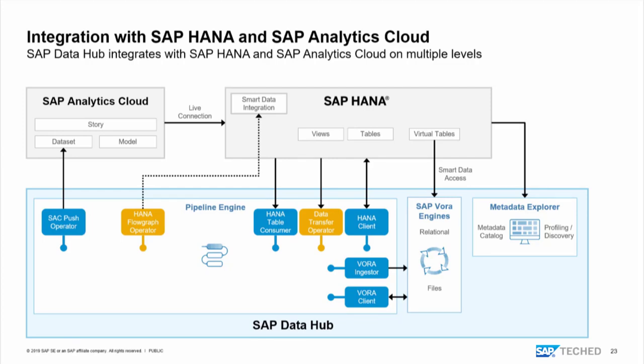We could fetch HANA tables and bring them into, let's say, again, a data lake or a cloud store, and so on. And we would use different ways for that. They all have certain, let's say, advantages or disadvantages.